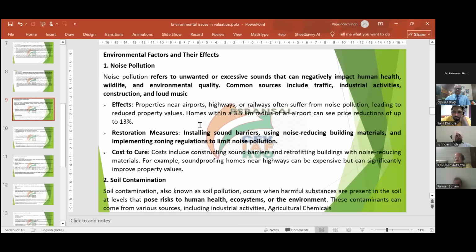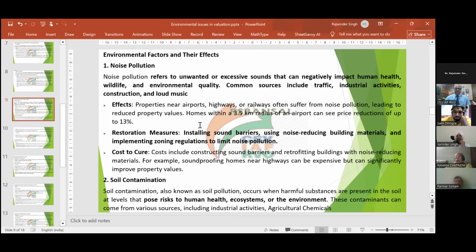Common sources of noise pollution are industrial activities, traffic, construction, and loud music, etc. For example, the properties near airports, highways, railways often suffer from noise pollution, leading to reduced prices of the properties. Homes within 3.5 kilometer radius of an airport can see a price reduction up to 13%.